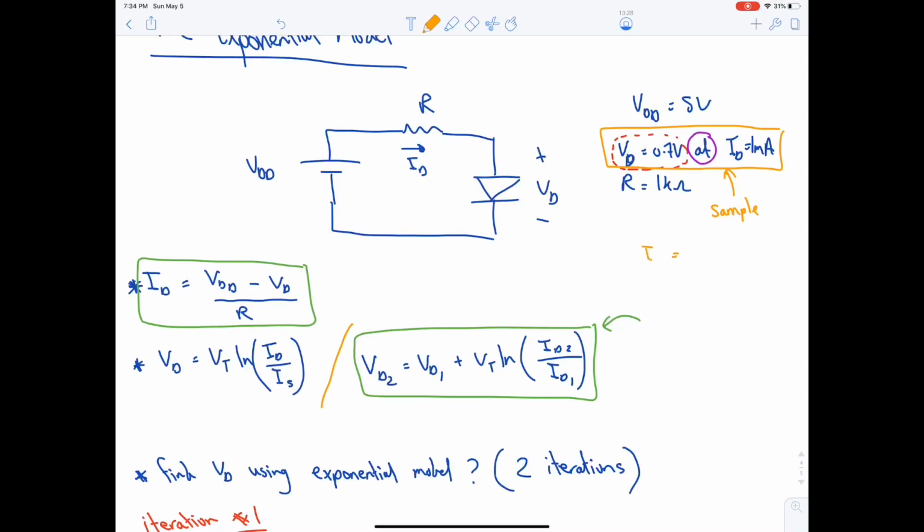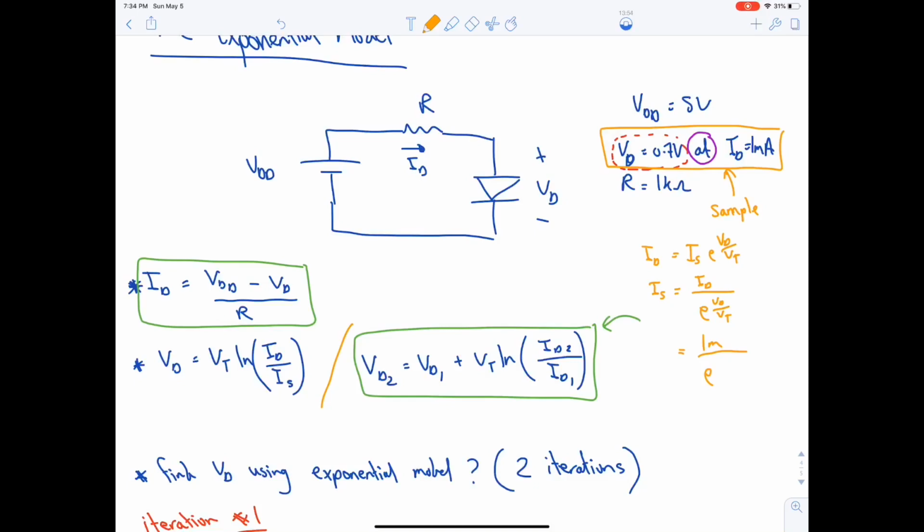ID is equal to IS e to the power VD over VT. Now IS is equal to ID divided by e to the power VD over VT. ID is equal to 1 milli, because here we're finding the IS.